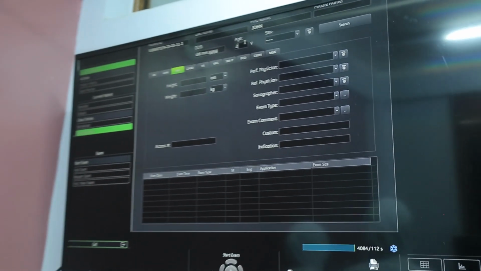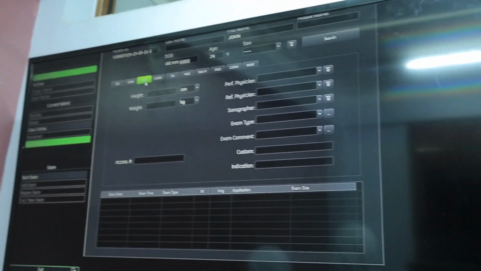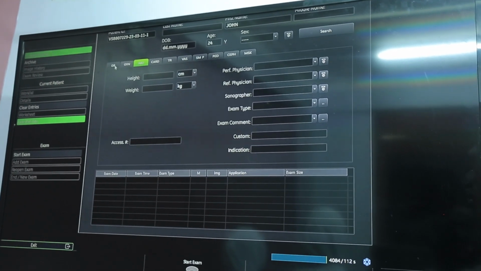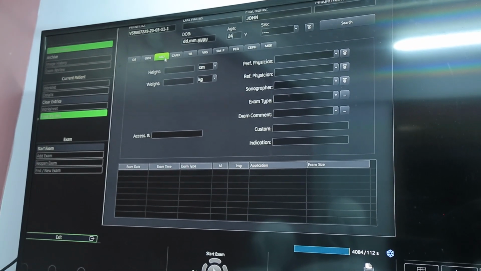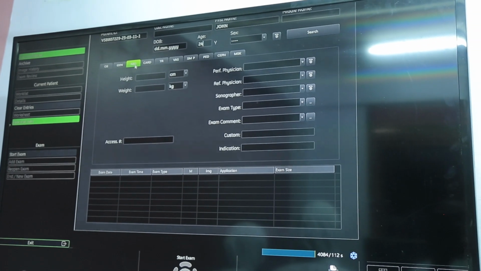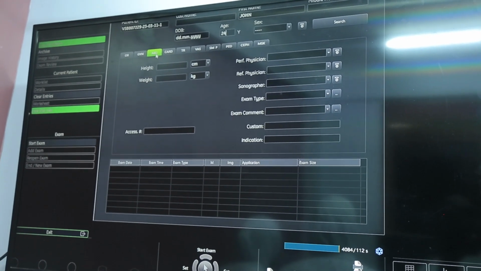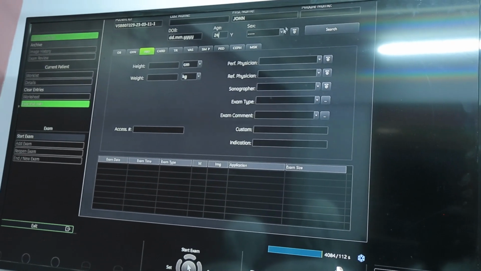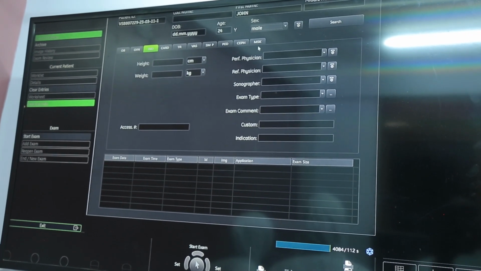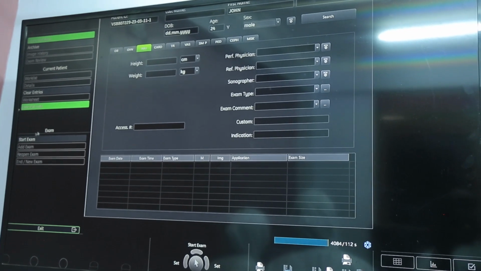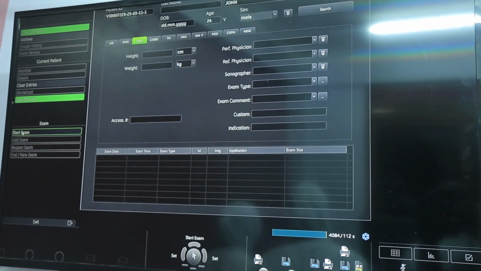You have to select the protocol. We have OBS, we have gyne, we have abdomen. You must select the protocol for abdomen because we're going to look at the liver, which is in the abdomen. Make sure you state the appropriate gender, the male patient. Thereafter you start the exam.